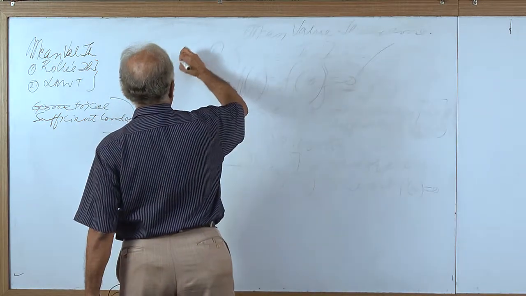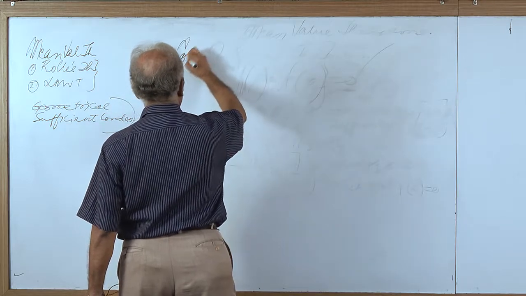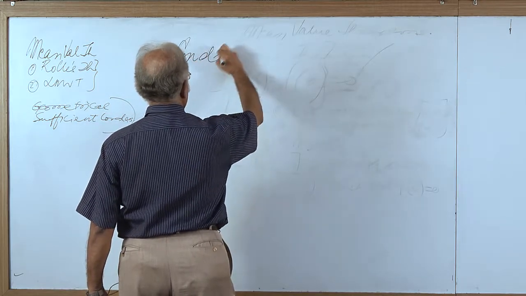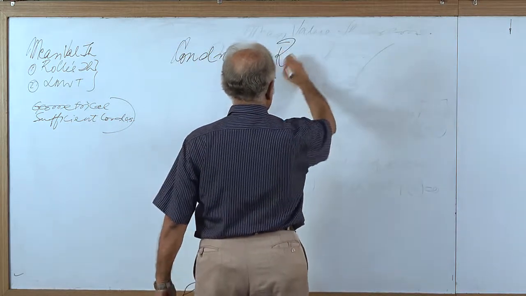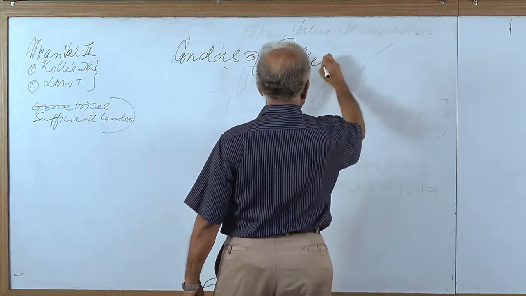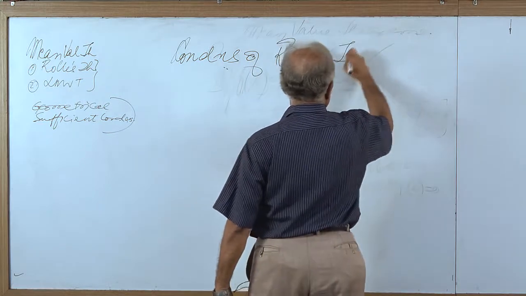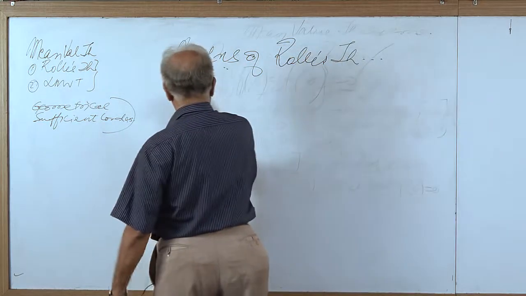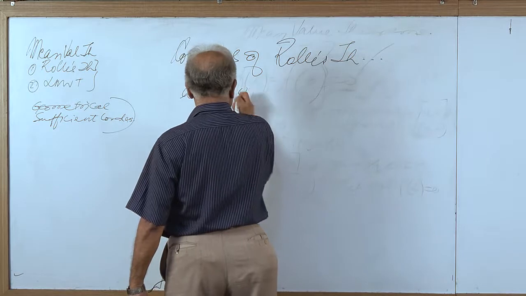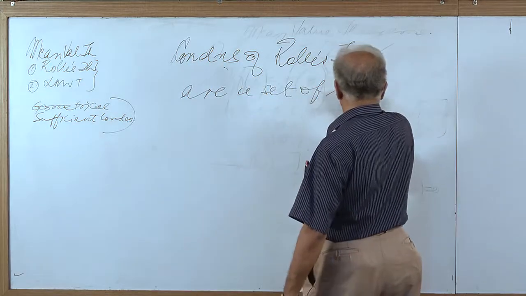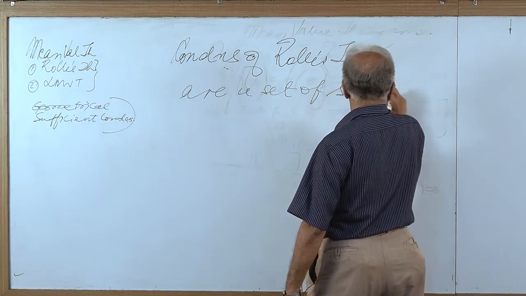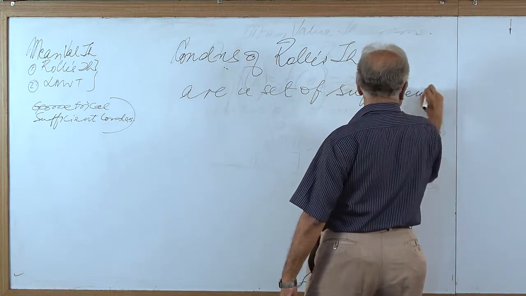So one summary is that the conditions of Rolle's theorem are a set of sufficient conditions.